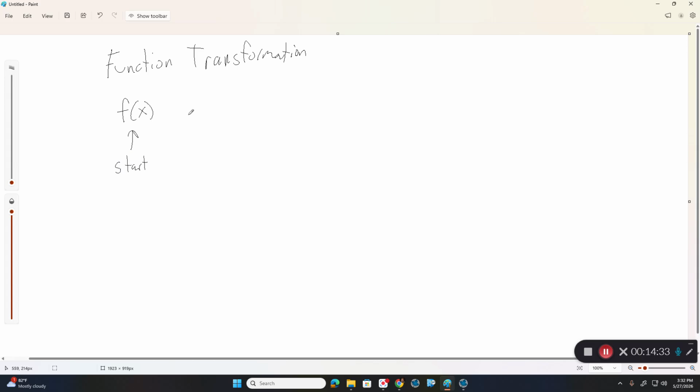We want to ask ourselves, what happens if instead of f of x, we multiplied it by 3? What if we subtracted 5? What if we added 1 inside the function? That's what we want to take a look at, what happens as we start to do these things.